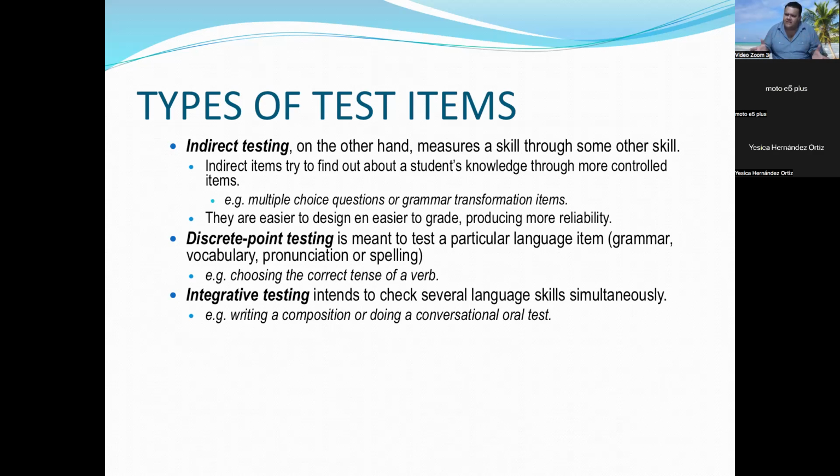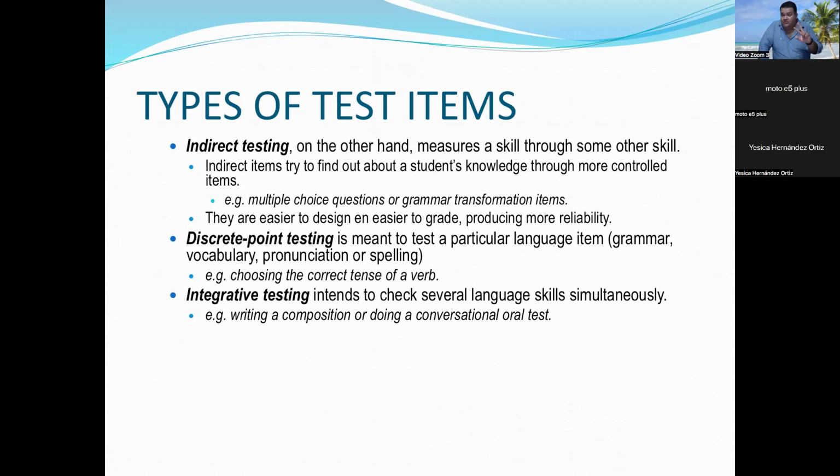A direct grammar question will be like, for example, write 5 verbs in past. That will be direct. Indirect is read the paragraph and circle the verbs in past. They are easier to design, easier to grade, and more reliable.